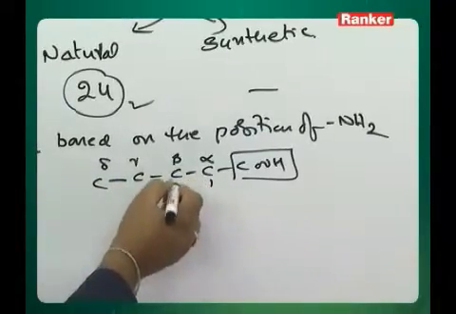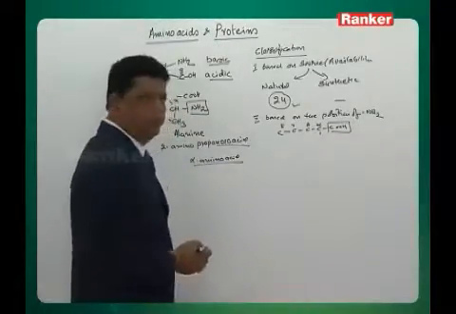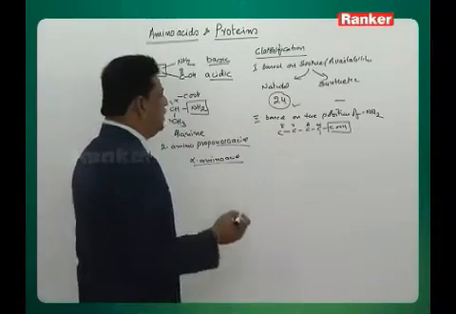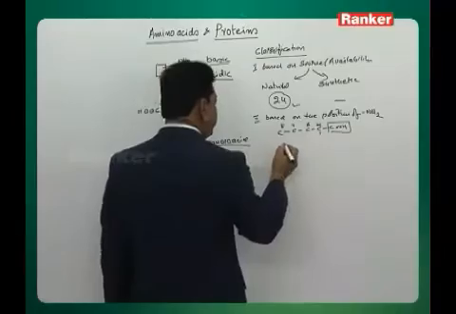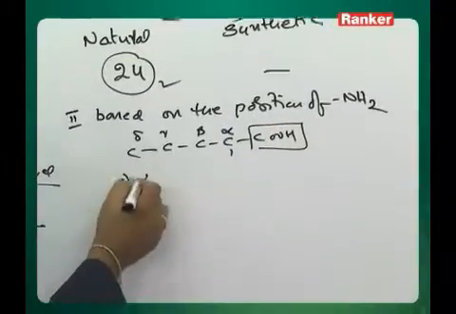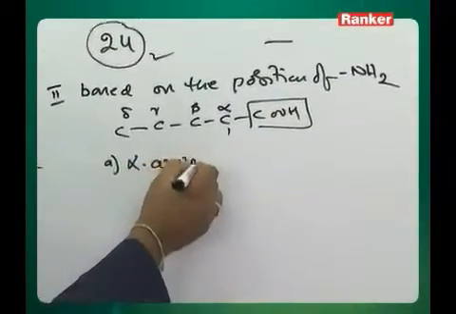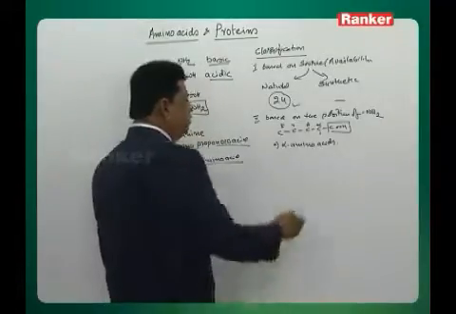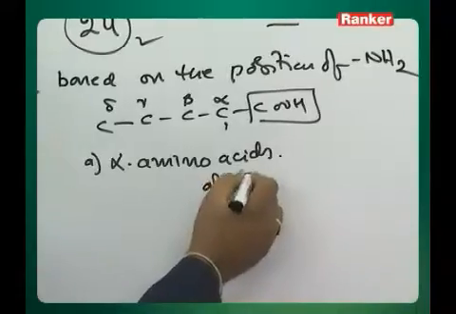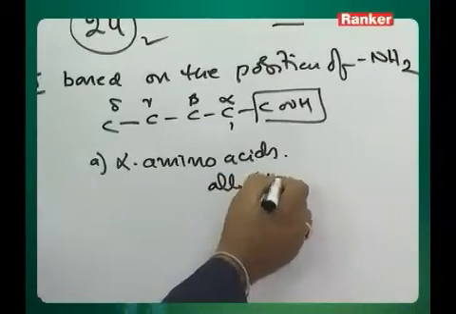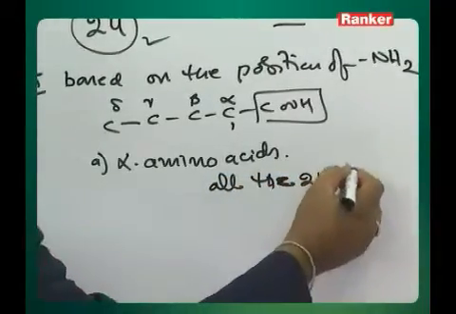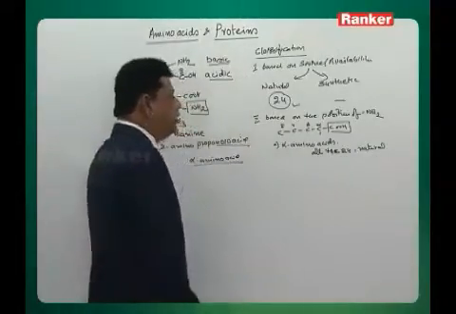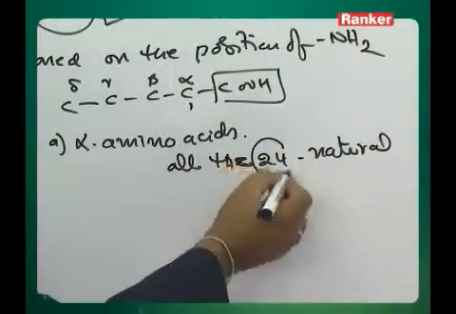Based on the amino group position on the given carboxylic acid, we classify into two or three varieties. The first variety is the alpha amino acids. Surprisingly, as I said, all the 24 natural amino acids belong to this category.